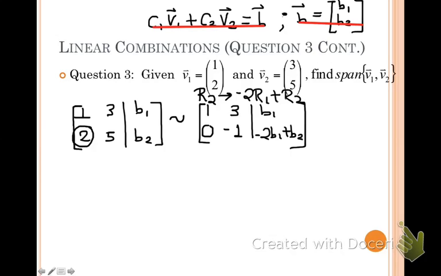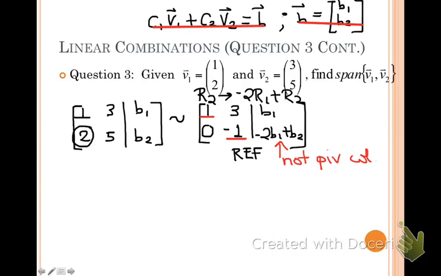So as you can see here, we now have this matrix in row echelon form. So next we want to ask ourselves, under what circumstances does this linear system have a solution? When is it consistent? Well, notice that we have a pivot in the first column and a pivot in the second column, but the last column of this matrix is not a pivot column.